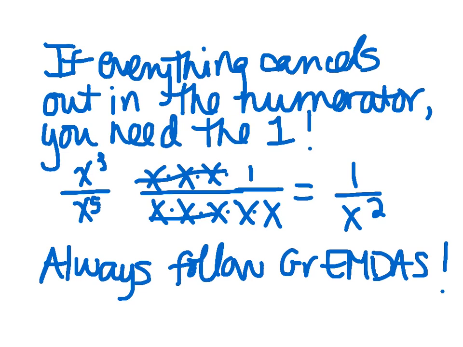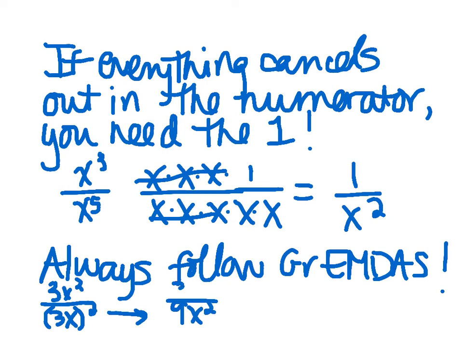So if I have, I don't know, (3x) squared over 3x squared, before I can do this problem, I need to simplify the numerator so that it is 9x squared. And the bottom is 3x squared. These cancel out. 9/3 reduces to 3. And that's it for today.